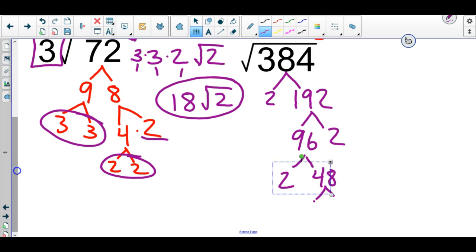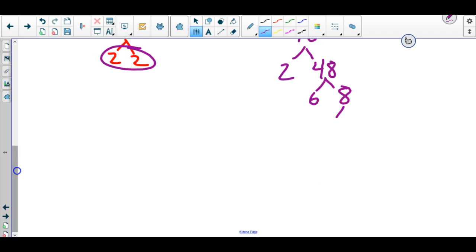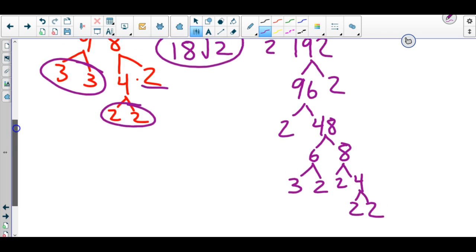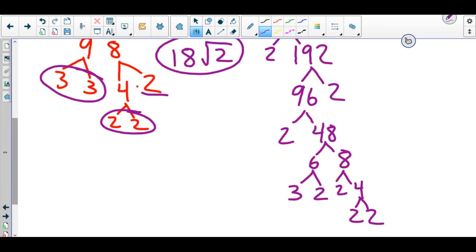I'm going to do it different. 6 and 8. 3 and 2. 2 and 4. 2 and 2. So let's see if we can look at all of our factors here. 2, 2, 2, 2, 2, 2, 2, 3.